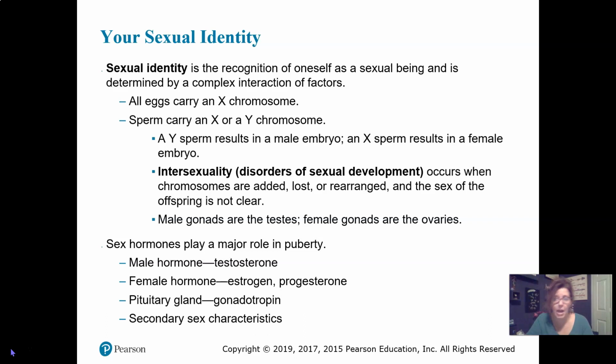Sometimes chromosomes are added, sometimes they're lost or rearranged in this process, and the sex of the baby is not clear, a condition known as intersexuality. It used to be called, way back when, hermaphrodite, but now it's intersexuality because they're seeing that there are so many more combinations, and it's much more common than people realize.